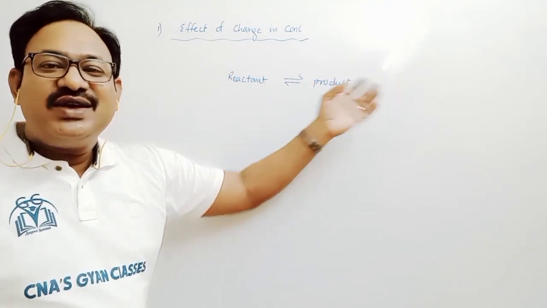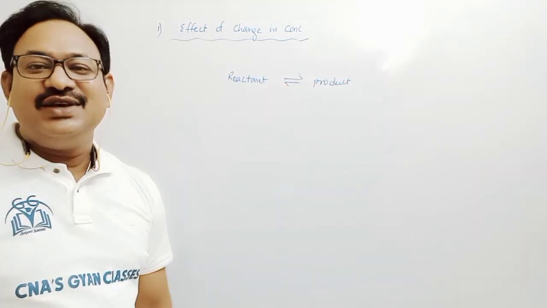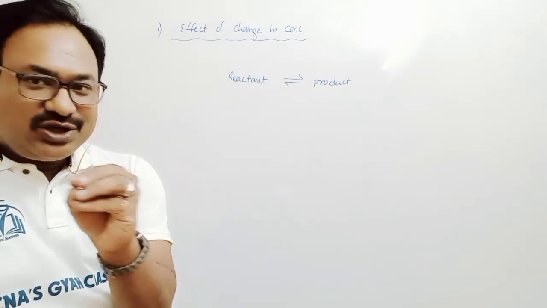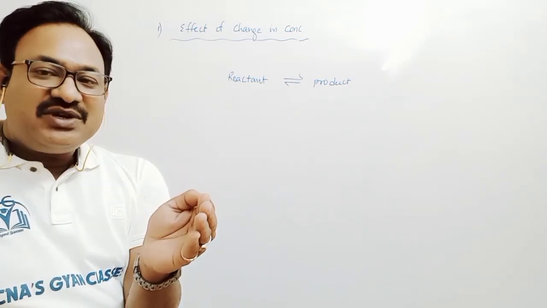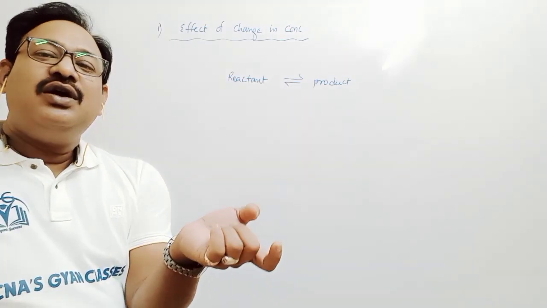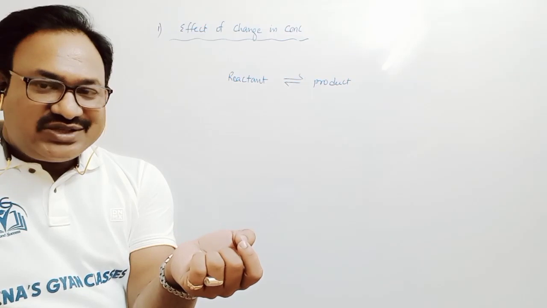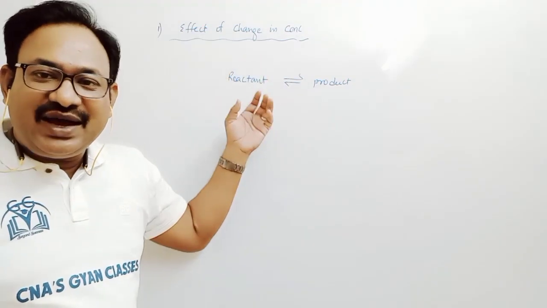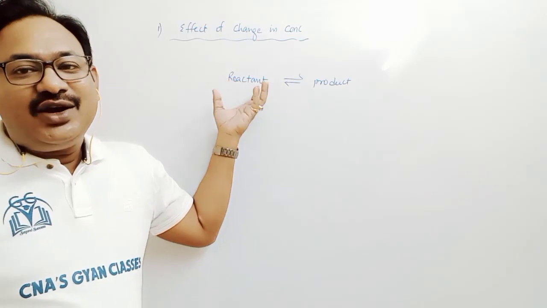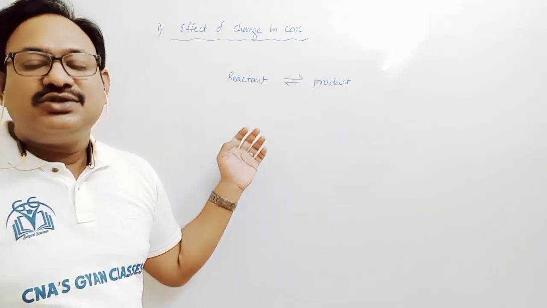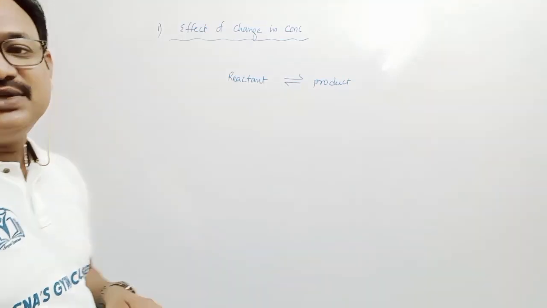When you remove products, again forward reaction. So like that, if you make some change in concentration on one side, equilibrium shifts towards the side by going on which the effect will be zero. Okay, when you add reactant, then reactant concentration increased, we have to reduce it, so it will go to product side. So imagine it like that, okay?